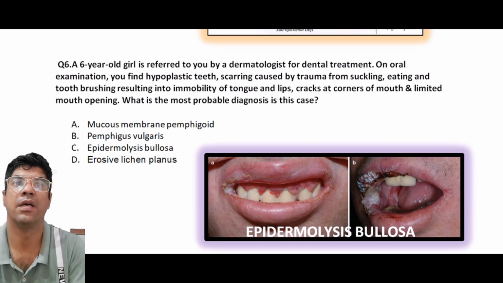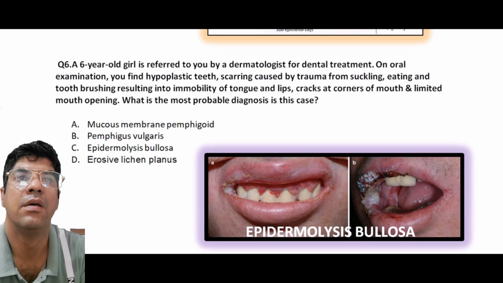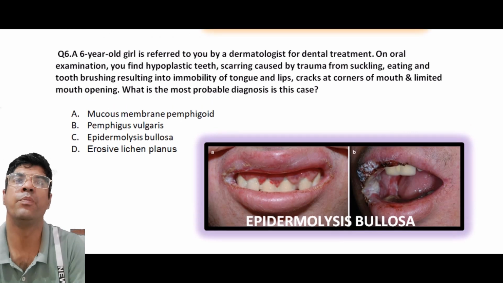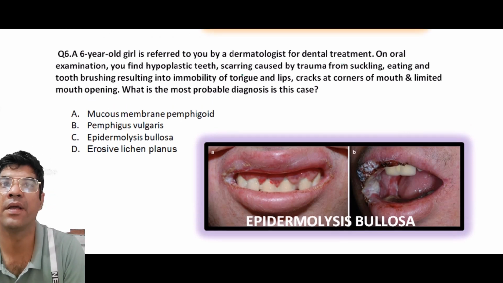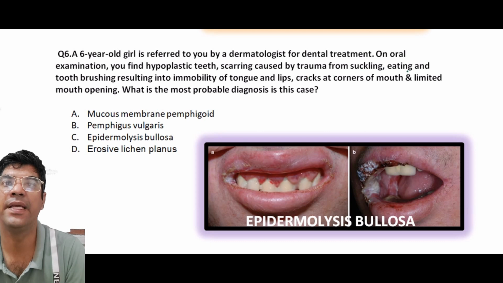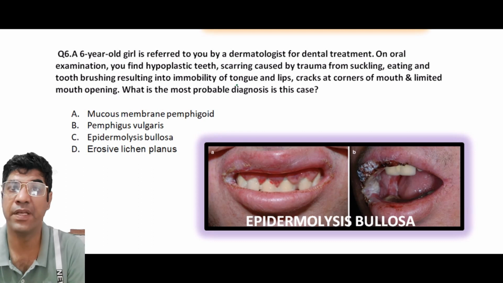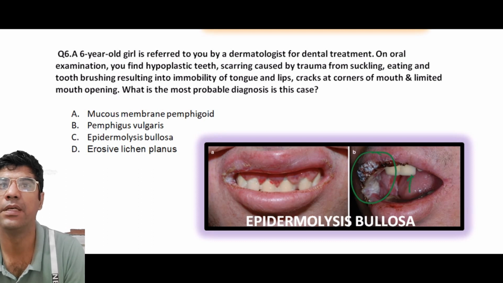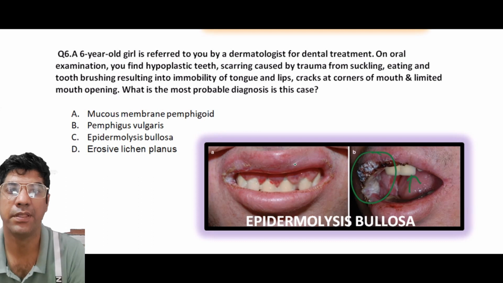The next question: a 6-year-old patient is referred to you by a dermatologist for dental treatment. On examination you will see hypoplastic teeth, scarring caused by trauma from suckling, eating and toothbrushing that results in immobility of the tongue and lips, cracks at the corner of the mouth, and limited mouth opening. What is your diagnosis?